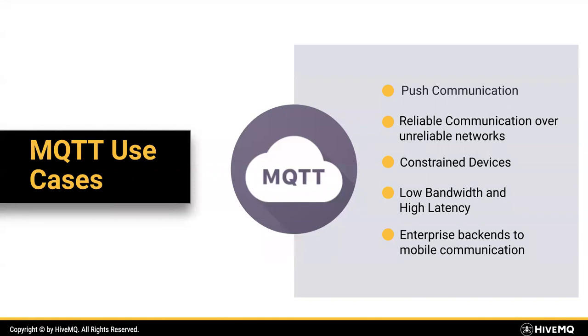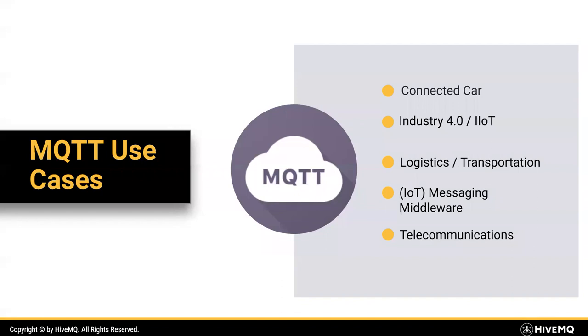Usually you don't have a lot of computing power you can use for your communication, and this is where MQTT really shines, as well as in low bandwidth and high latency environments. And MQTT is very often used to retrofit your existing enterprise backends to also allow mobile communication to your backends. MQTT is very often used as a communication layer there.